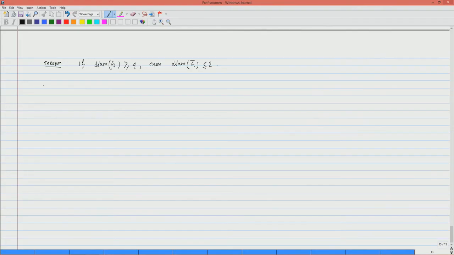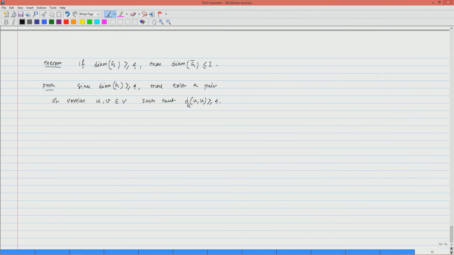So, the proof of this theorem is: since the diameter of a graph G is greater than or equal to 4, there exists a pair of vertices u and v in V such that the distance between u and v is greater than or equal to 4.